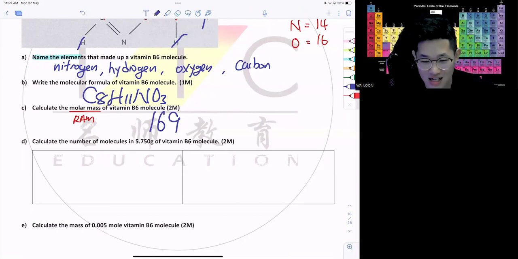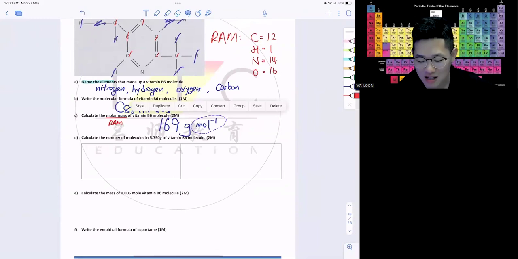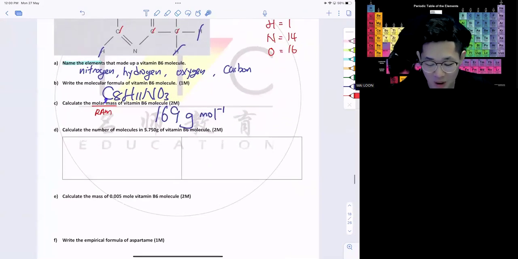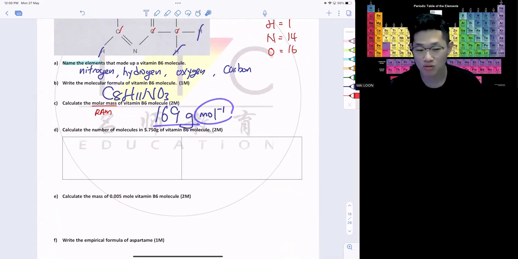It is 169 gram per mole. Okay, what's the meaning of molar mass? Molar means 1 mole. The mass for 1 mole of substance. So 169 gram per mole.